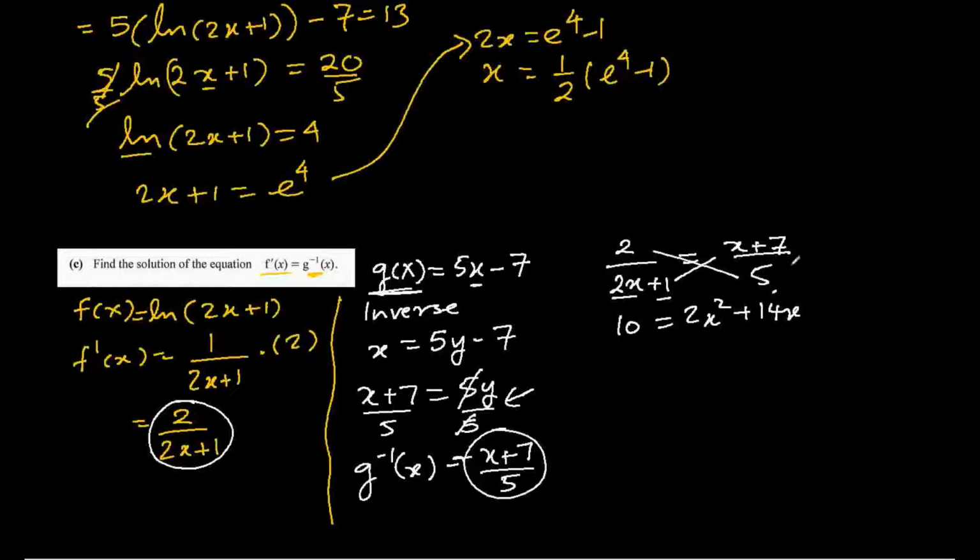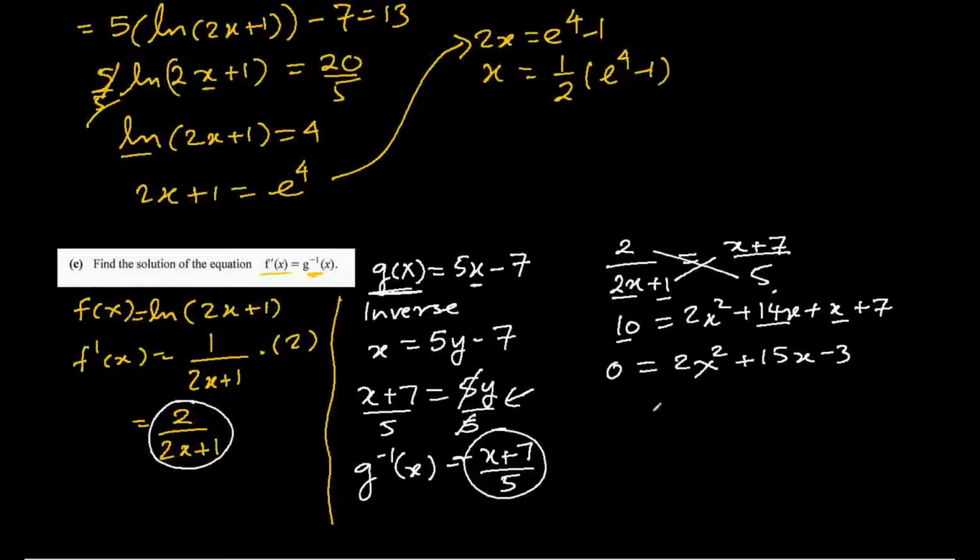Then 1 times (x + 7) is x + 7. Let's bring this 10 also to the right side and simplify. 2x squared, 14x and x, 15x. 7 minus 10 is minus 3. Okay, quadratic, and we cannot factor this.